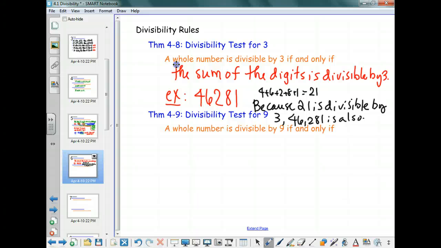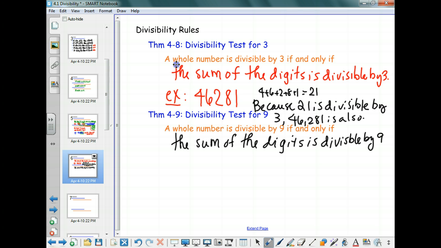So, a whole number is divisible by 9 if and only if the sum of the digits is divisible by 9. And we can do the same example. It's just going to have a different answer.